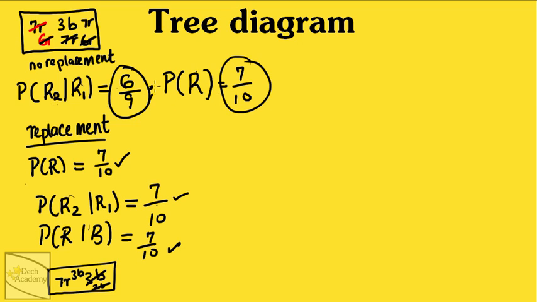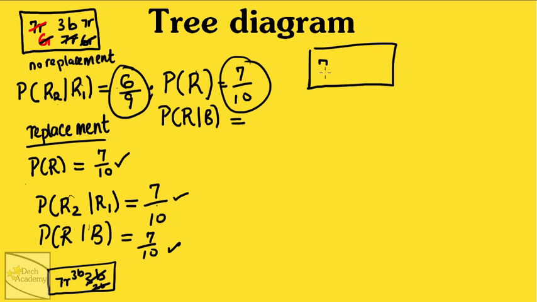In fact, in this first scenario, what's the probability of picking a red ball given that a blue ball has been chosen? Just draw the box again. If you've chosen a blue ball already and you're not making any replacements, there will only be 2 blue balls left. So the probability of picking a red ball will be 7 divided by 9. As you can see, all these probabilities are different.